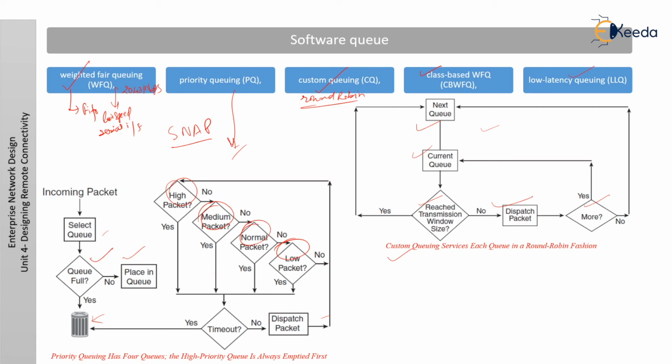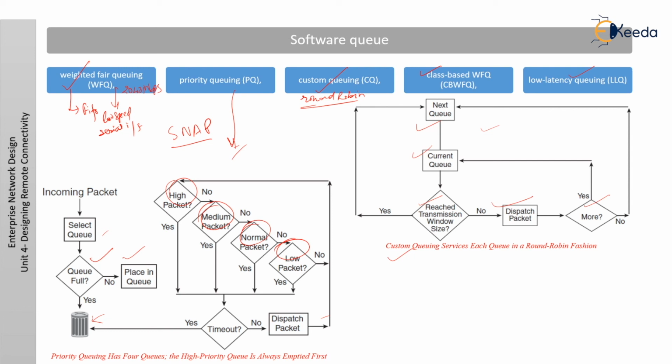Then low latency queuing, that is the last queuing type. Low latency queuing brings a strict priority queue to class-based weighted fair queuing. It is a combination of priority queuing and class-based weighted fair queuing. A strict priority queue allows delay-sensitive data such as voice to be dequeued and sent first, before packets in other queues are dispatched, giving delay-sensitive data preferential treatment over other traffic.